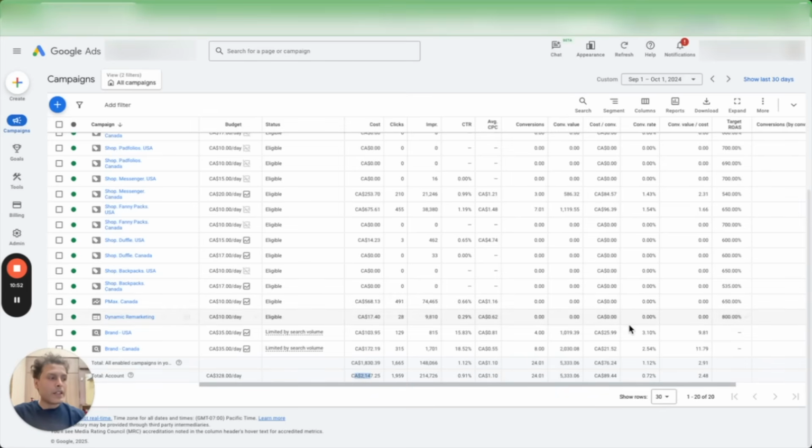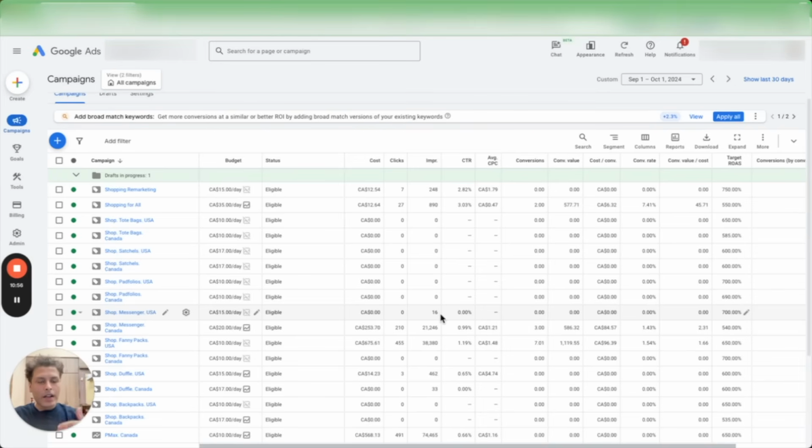After that, I did some optimization and some exclusions. For example, he has a tote bag in small, medium and large, so there are 3 different variations with 3 different pricing points.